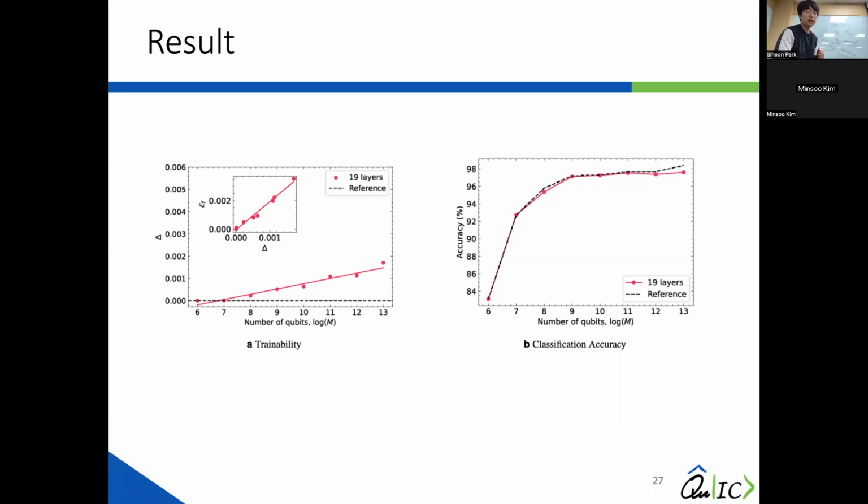So what this means is that as the number of qubits increases, it is harder to get a minimum because of the vanishing gradient. So that's why I said it's very vulnerable to barren plateaus, like any other variational algorithm using a hardware efficient ansatz.